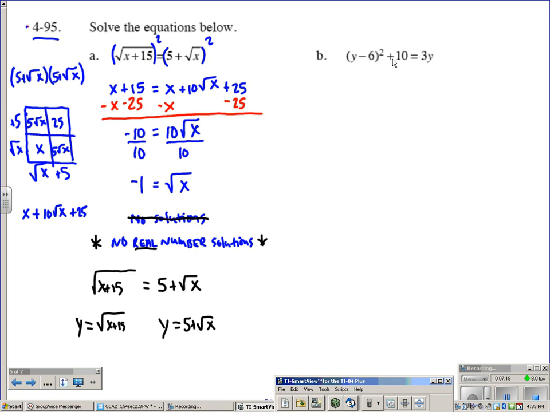And let's try the second one here. We've got letter B. We have the quantity of y minus 6 squared plus 10 equals 3y. Well, if I'm going to solve it algebraically, I'm going to move my 10 over to the other side, so I have a binomial over here. So let's subtract 10.